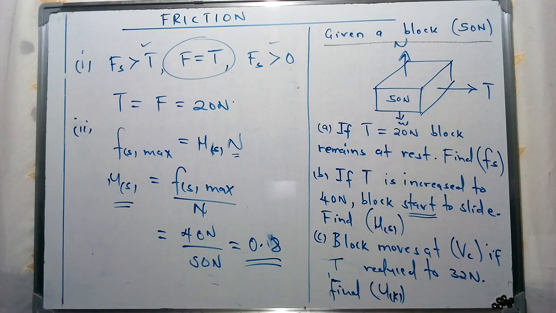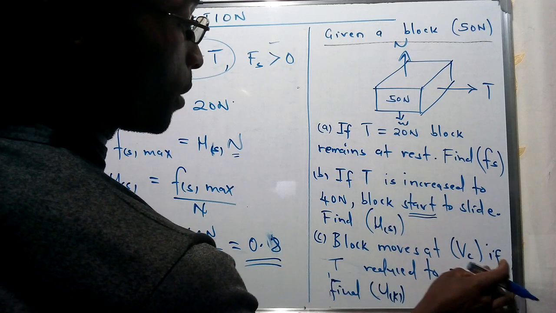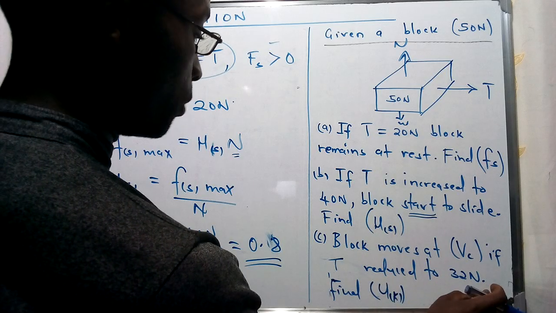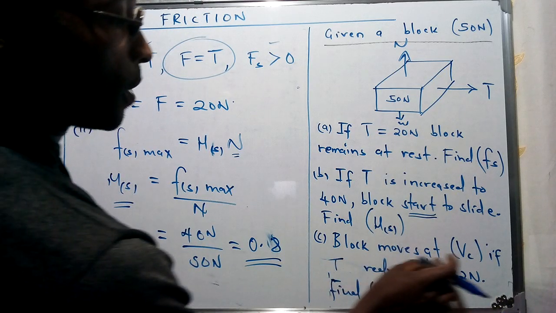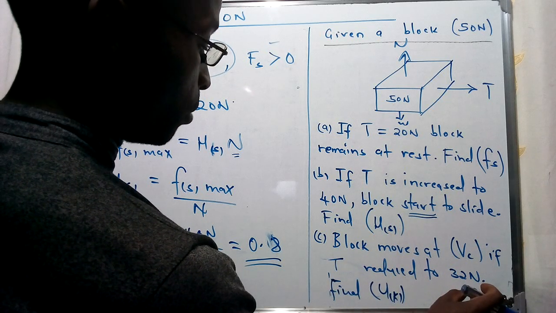So for the third case, we are required to evaluate when the block moves at a constant velocity if the force applied is reduced to 32 newtons. So in this case, the block moves at constant velocity if the force applied reduces to 32 newtons.